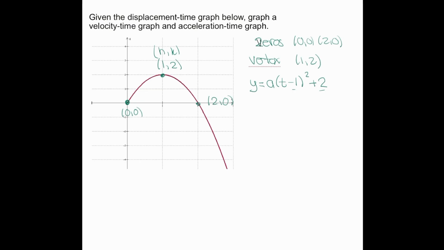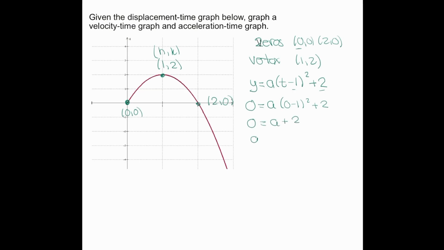So now I'm going to set this to 0 to figure out what my a value is, and I'm going to fill in one of my points. In this case, I'm just going to use when t is equal to 0. So 0 equals a times (0 minus 1) squared plus 2, so 0 equals a plus 2.